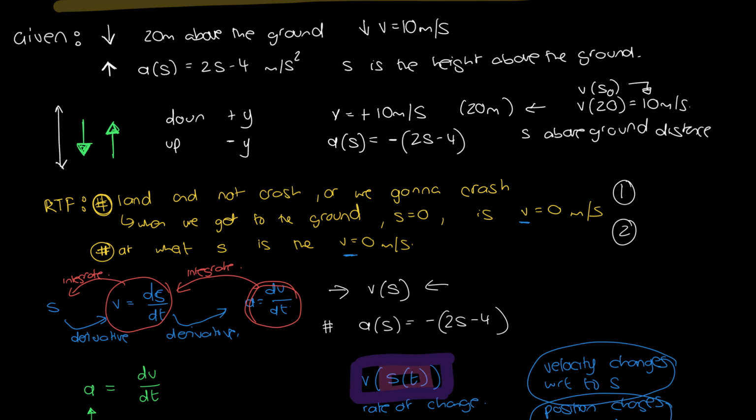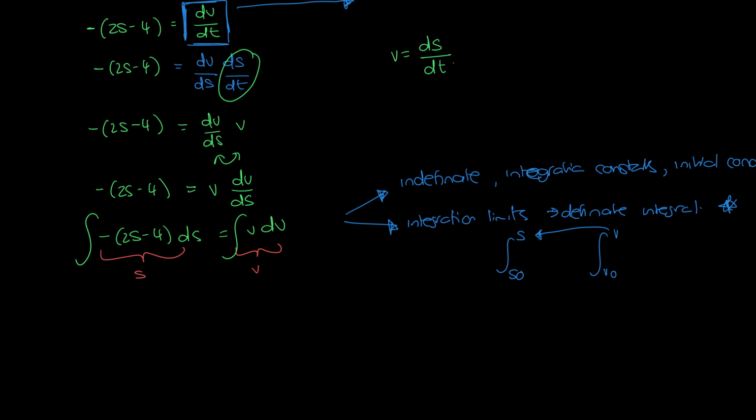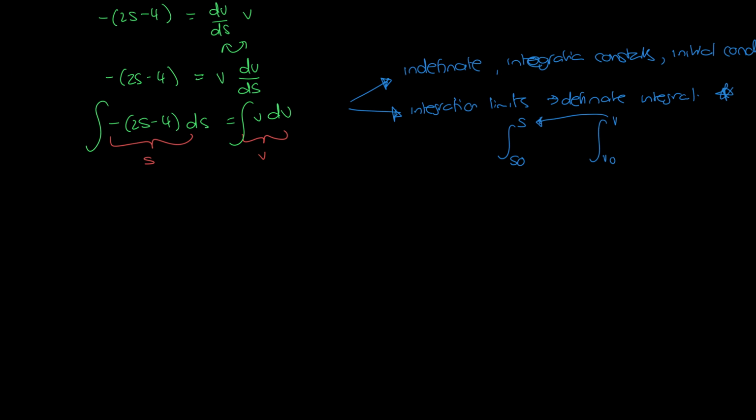So S0 is 20 and V0 is positive 10, and we can put that into our limits. Going back down, we plug it in: S from 20, and when S is 20, V is positive 10. Then we have the ones we want to solve for, S and V.